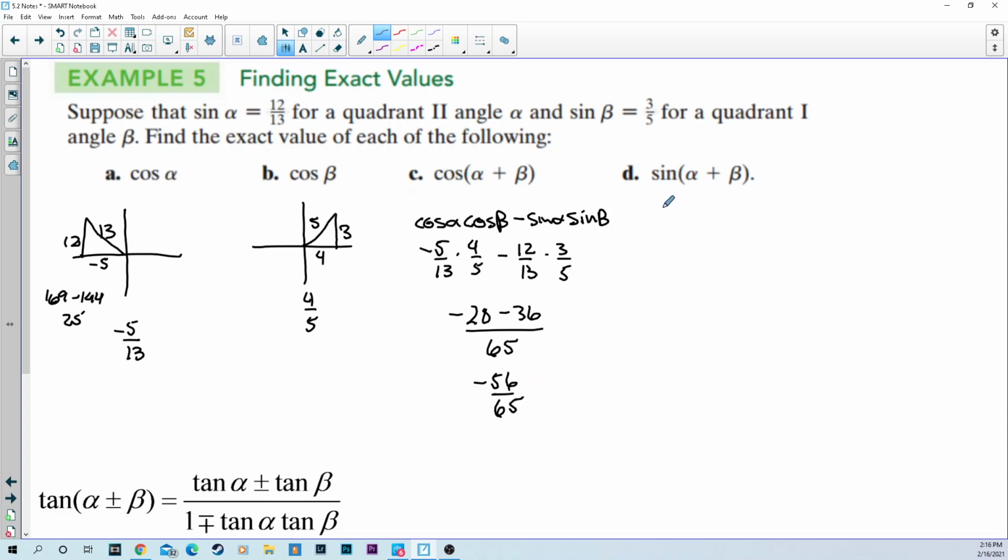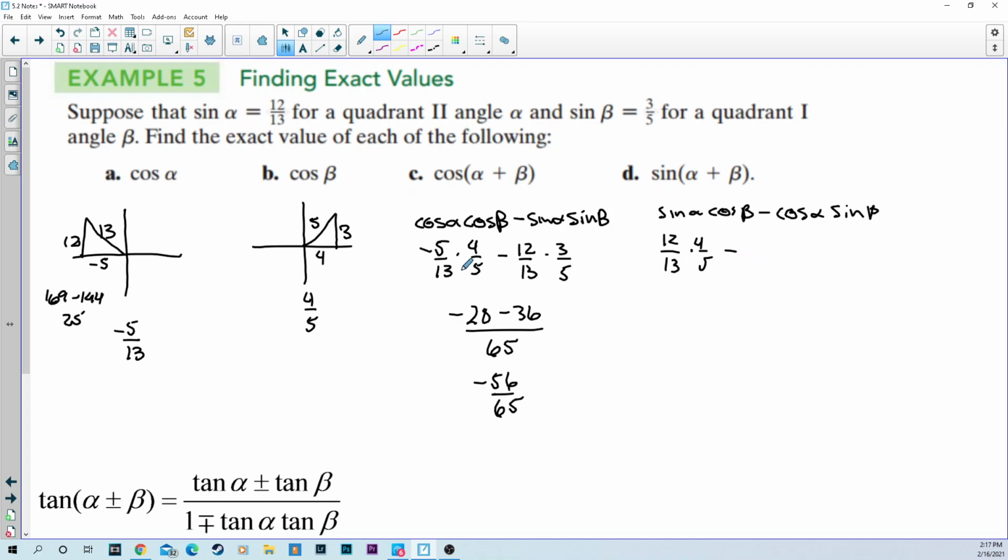Now the sine of alpha plus beta is, we follow the pattern, sine of alpha, sine of beta. Sine is the same sign, so plus, wait, that's not it. Let's back up. It's sine cosine. So sine of alpha, cosine of beta, opposite sign. Cosine of alpha, sine of beta. The sine of alpha is 12/13. The cosine of beta is 4/5.